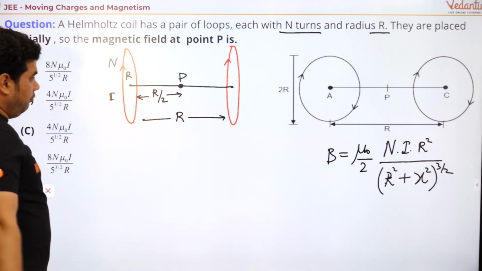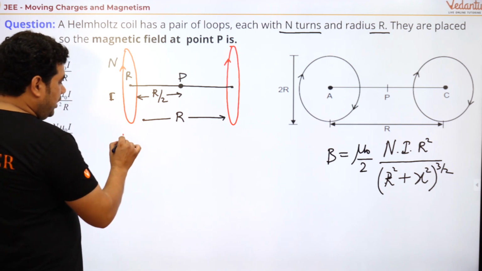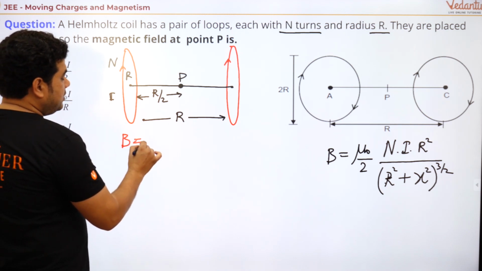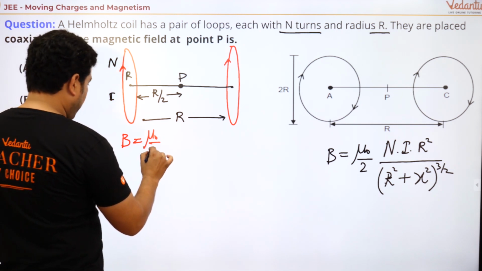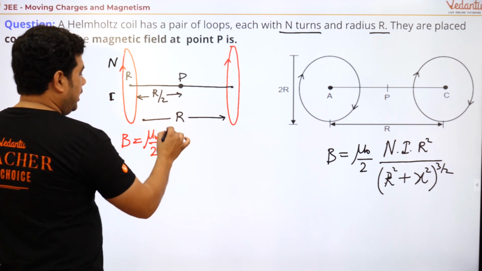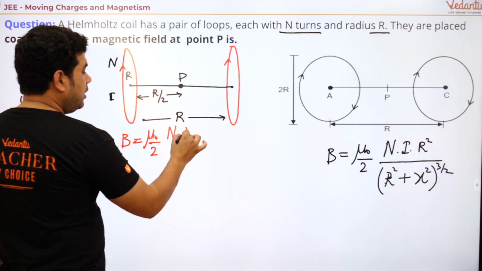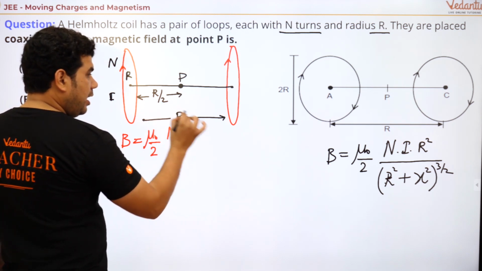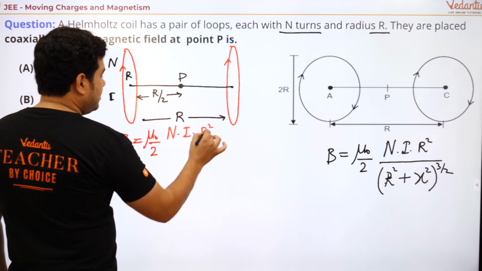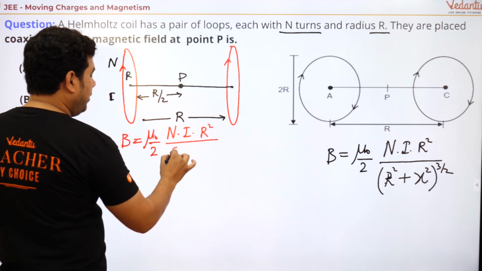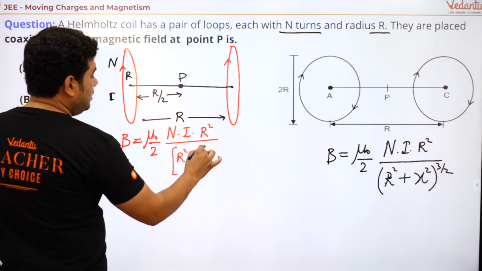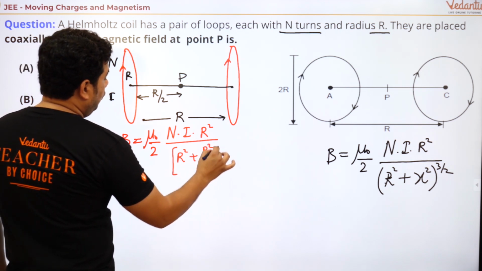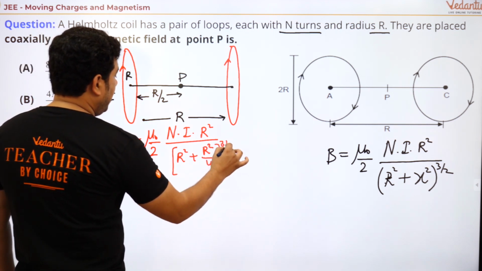For one coil, the magnetic field can be written as B equals mu naught divided by 2, number of turns n, current I, radius r squared, divided by r square plus r square by 4, to the power 3 by 2.